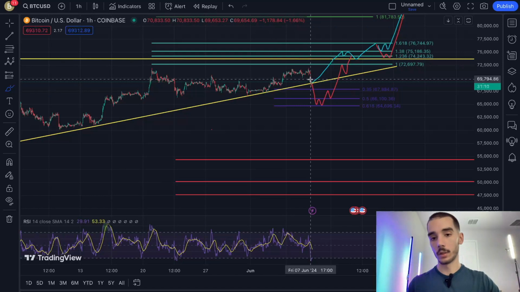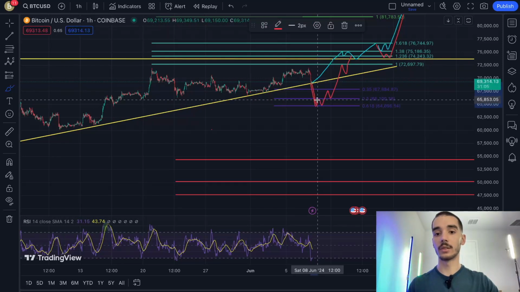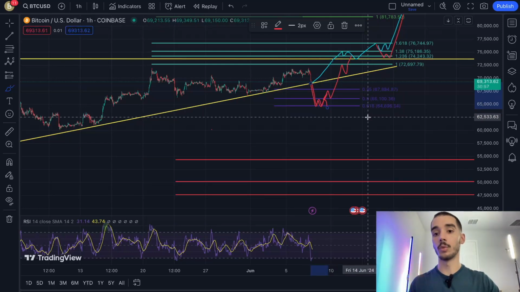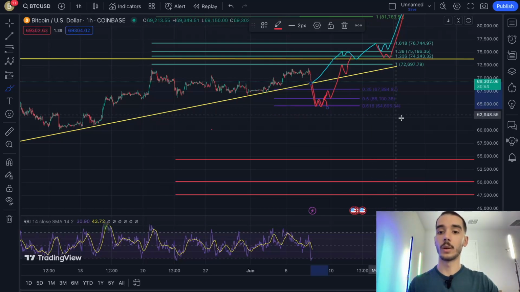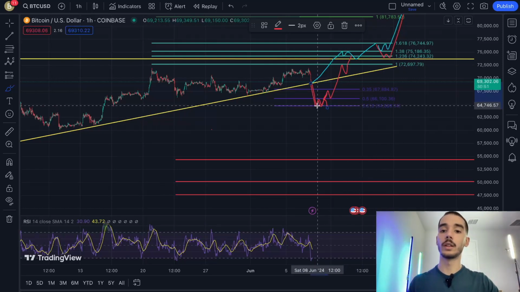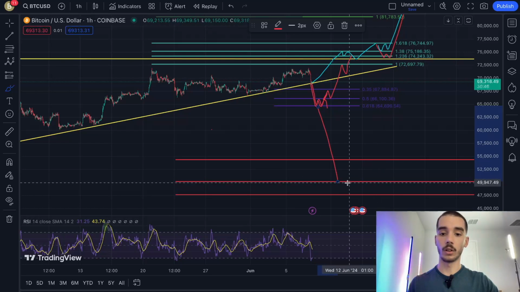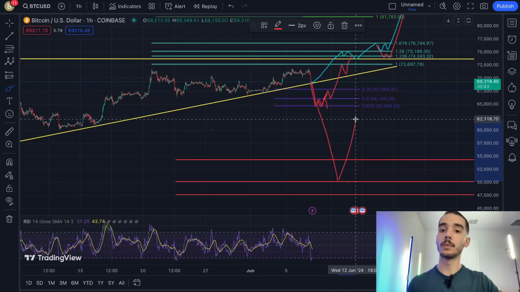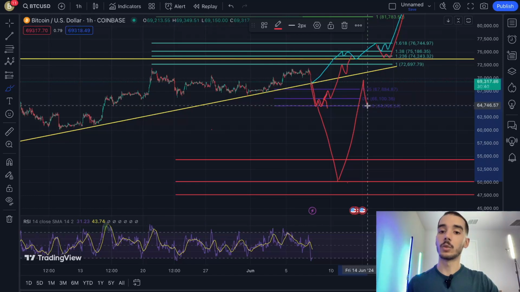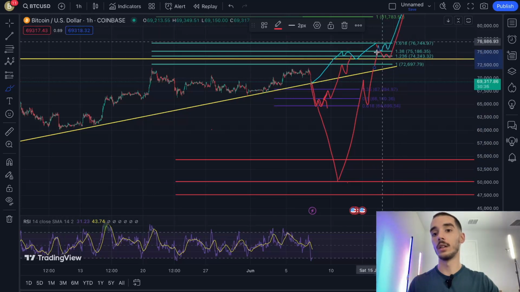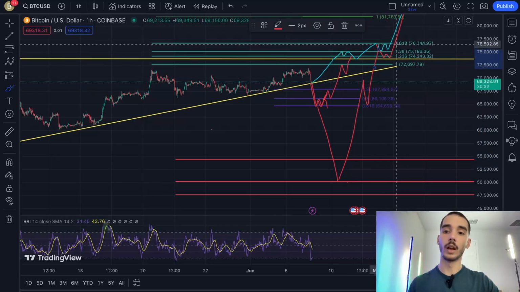The more bearish scenario, which I don't really see happening, but we're going to keep things realistic, would be to fall back down. Instead of consolidating and breaking higher, we see it break below this. If we see the price break below the purple 0.618 retracement around 64,500, that's when we can see price fall back down and start consolidating around the $50,000 area before it goes back up, consolidates once again in our current trading range, breaks up higher, and then enters the blue line that we were drawing.